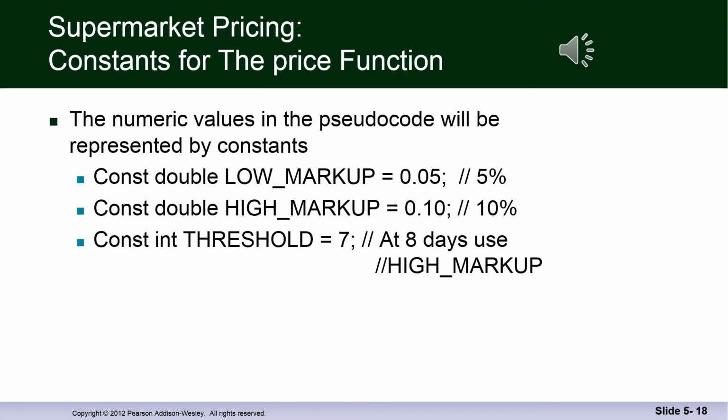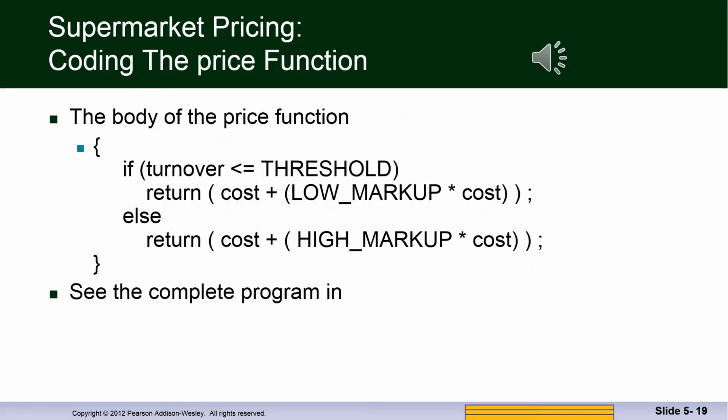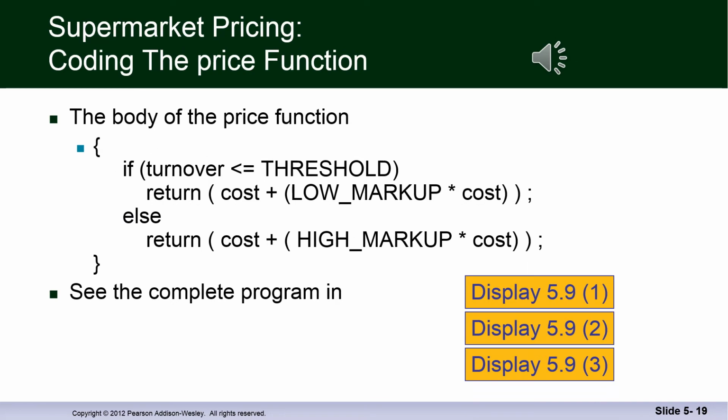We're going to represent the low and high markup as constants, so they cannot be changed, and also a constant int called threshold, which is 7. Now we move forward to coding the body of the price function.